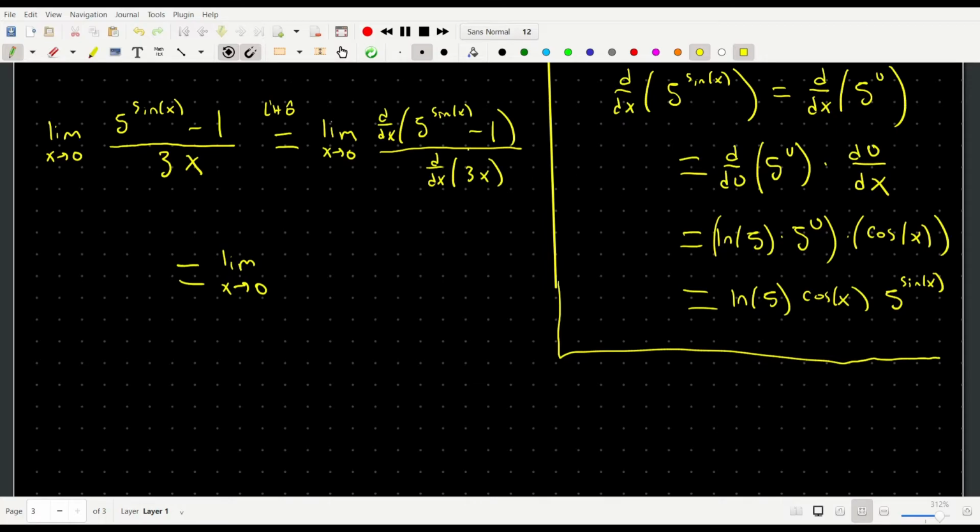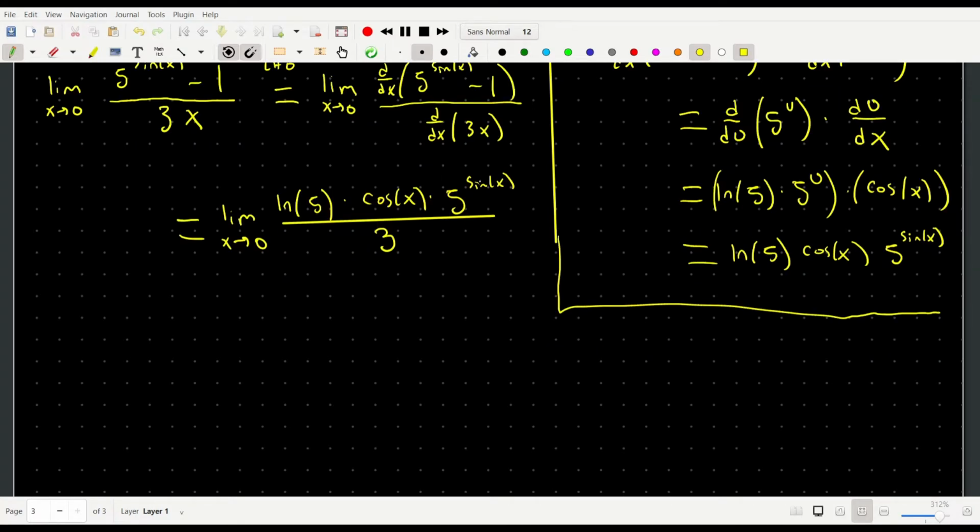So this derivative is going to be natural log of 5 times cosine of x times 5 to the sine of x, and this is going to be divided by the derivative of the denominator, which is just going to be equal to 3, because the x derivative of 3 times x is just equal to 3.